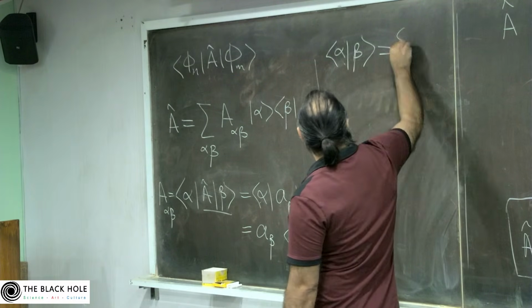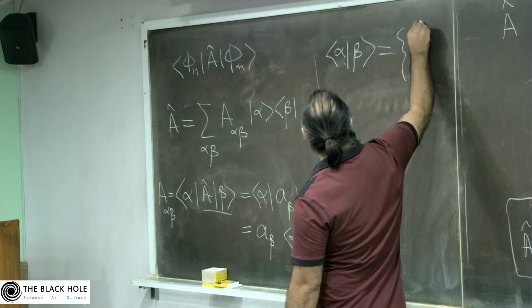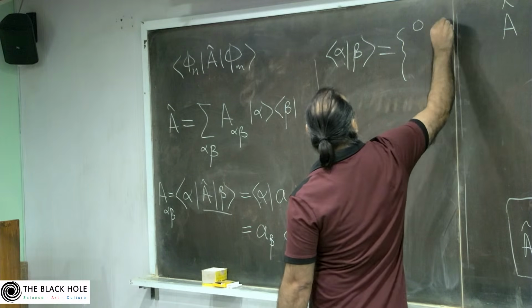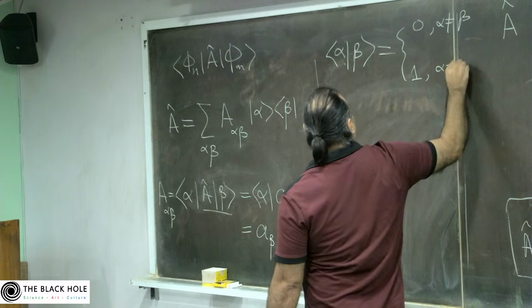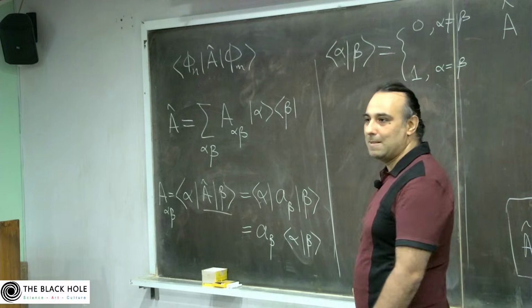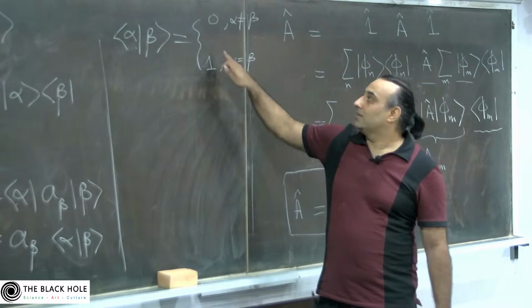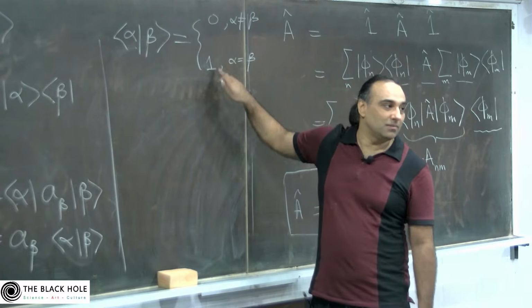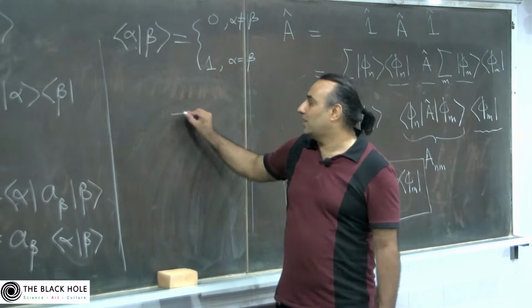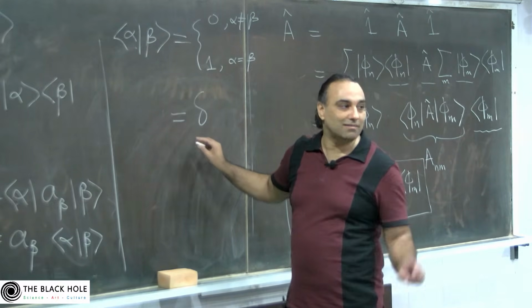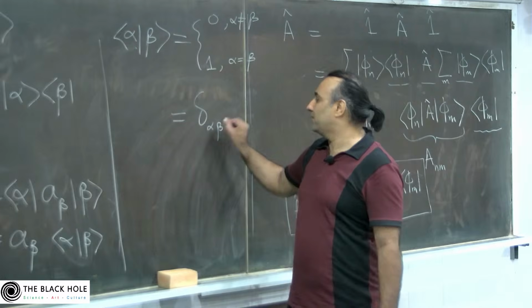So it's either 0 if alpha is not equal to beta, or 1 if alpha is equal to beta. Instead of writing these two statements, we have a shorthand: we write delta alpha beta.